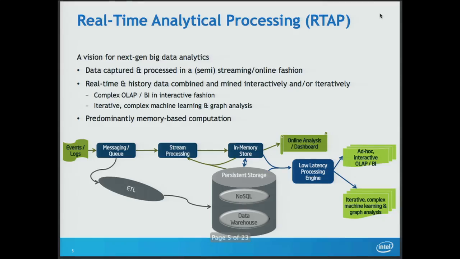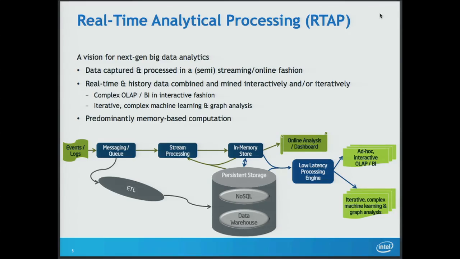The focus here is to minimize the latency between when the event happens and when the impact of the event is reflected in your analysis result. We believe the Spark Stack provides a solid foundation, a great technology for us to build these new types of complex and real-time analytics, which represents a general trend toward real-time analytic processing, and is essentially our vision for next generation big data analytics.